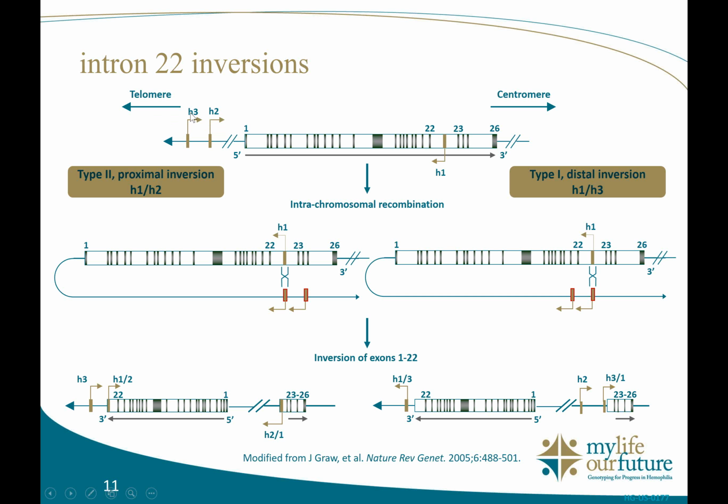And just as an example, to meet ACMG criteria for likely pathogenic, that's greater than 90% chance of being causative, a missense variant, or a change in amino acid, in a patient with hemophilia needs to be absent or near absent in a population database.